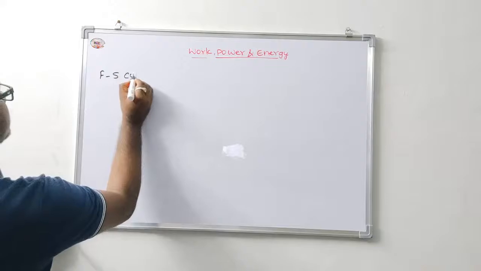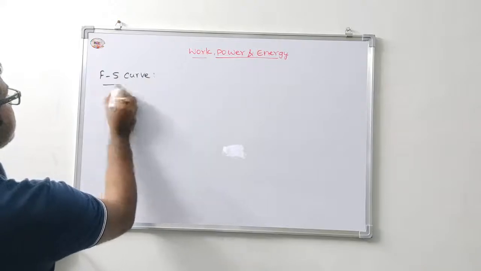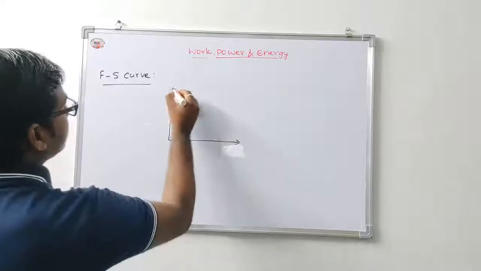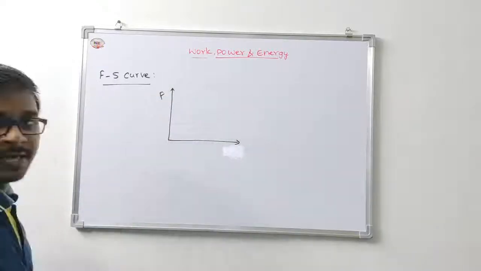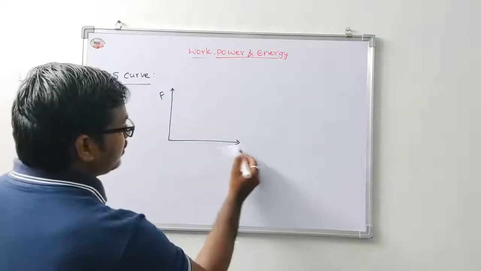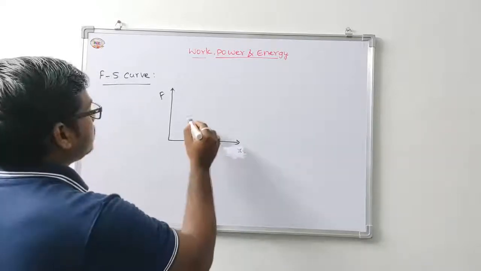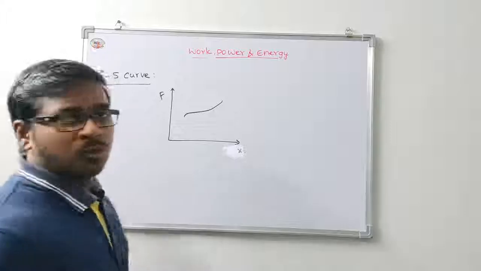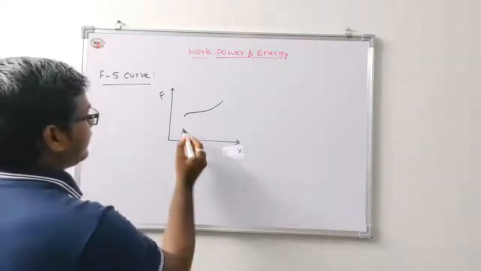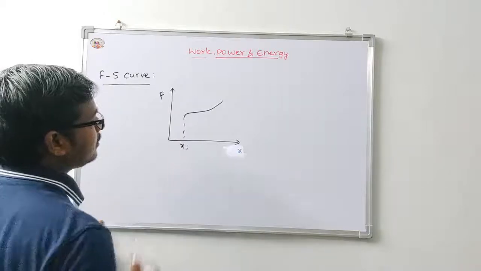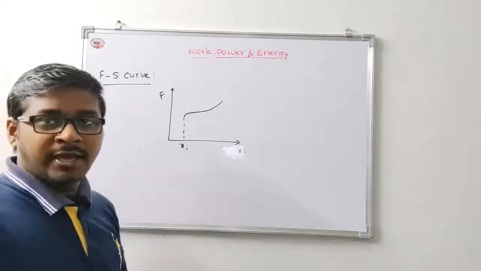Force displacement curve. First draw a graph. The force is on the y-axis, displacement on the x-axis. Let a body with initial position xi be acted on by a variable force.